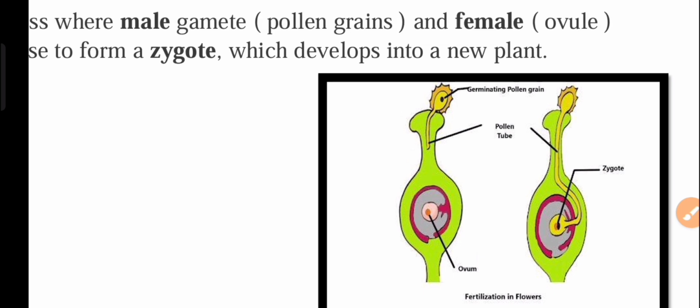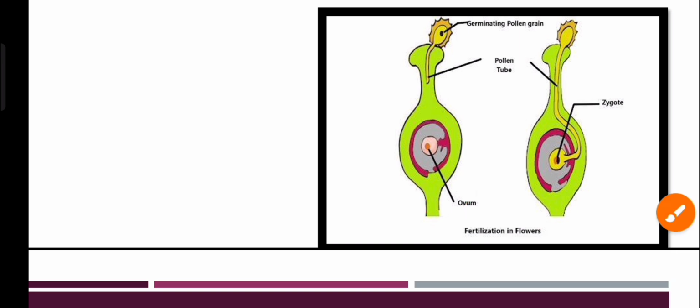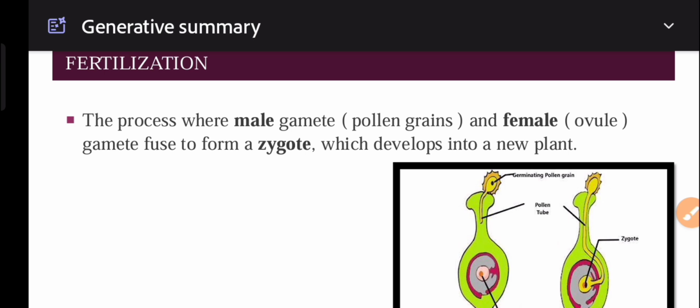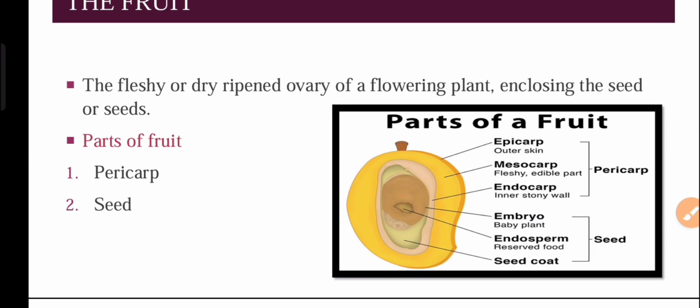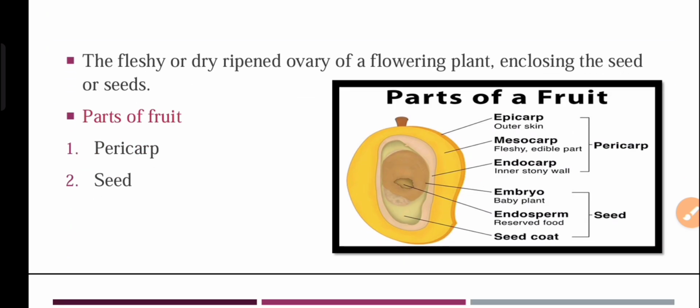It forms a tube-like structure to enter the ovule and fuses with the female gamete to form a zygote. This is called fertilization, and I think you all understood.